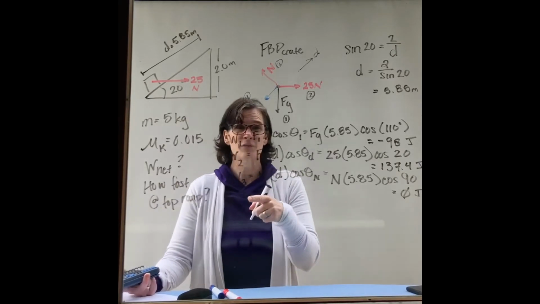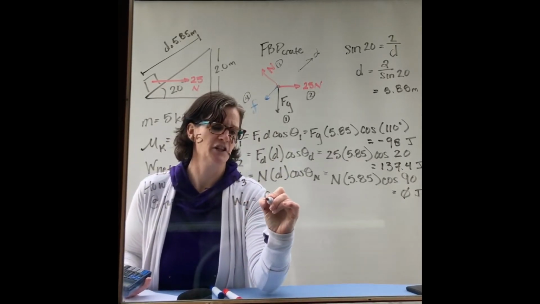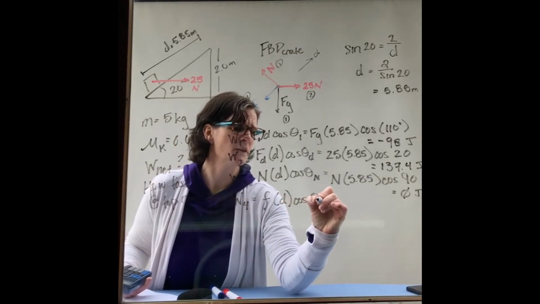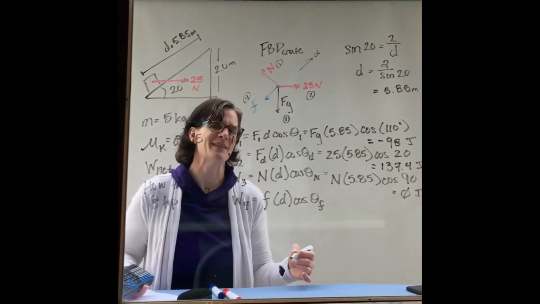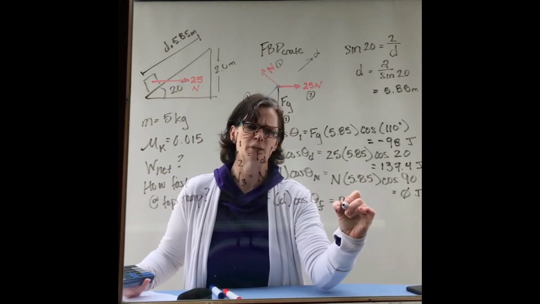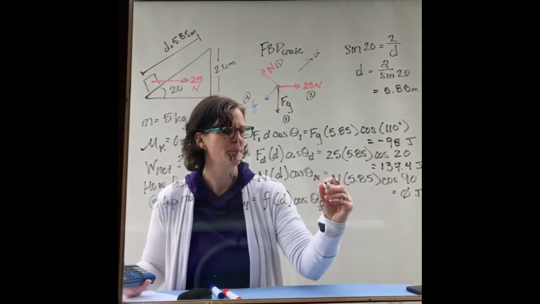And our last force, well, that's the work being done by the frictional force times our displacement times the cosine of the angle, of course, between the displacement and the frictional force. So our frictional force, we're not given that. We're given the coefficient. We're not given the frictional force. We're going to come back to that.